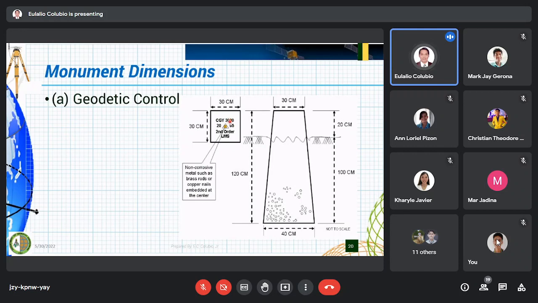So they became first or second order instead of fourth order geodetic control. Okay? 3,000 is fourth order.